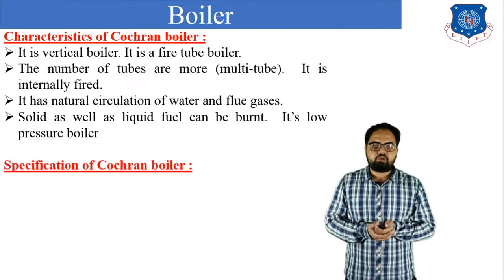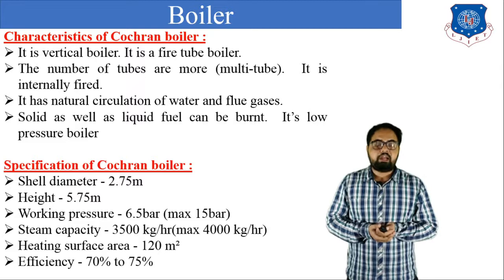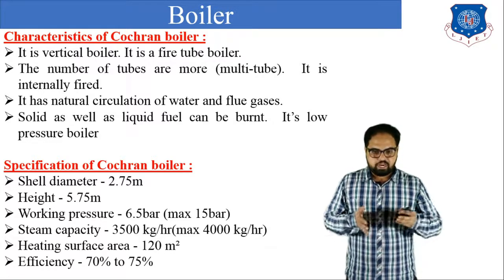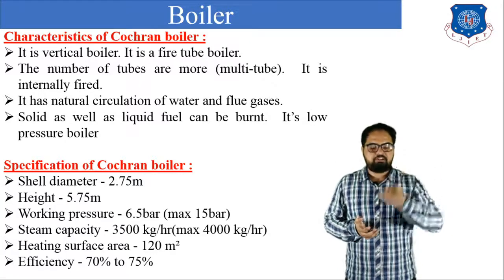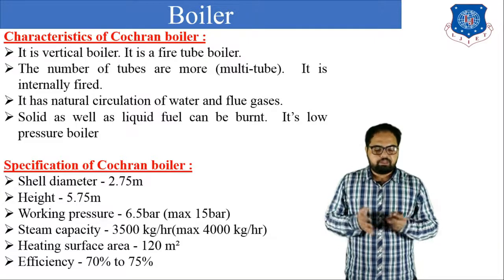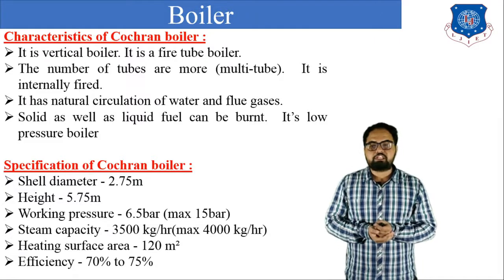The specification of the Cochran boiler: the shell diameter is around 2.75 meter, and the height of the shell is 5.75 meter. The working pressure of this boiler is 6.5 bar and the maximum working pressure is 15 bar.